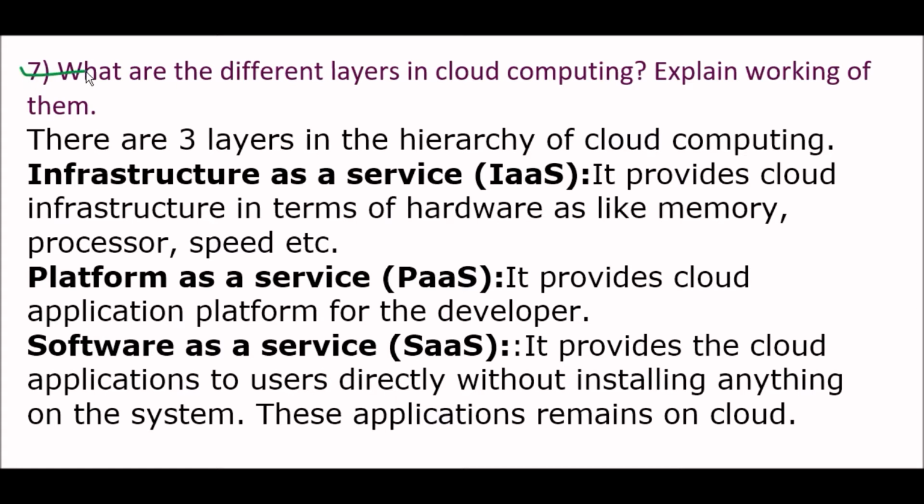The answer is, there are three layers in the hierarchy of cloud computing. First one, IaaS, meaning infrastructure as a service. IaaS stands for infrastructure as a service. It provides cloud infrastructure in terms of hardware like memory, processor, speed, etc. Okay.